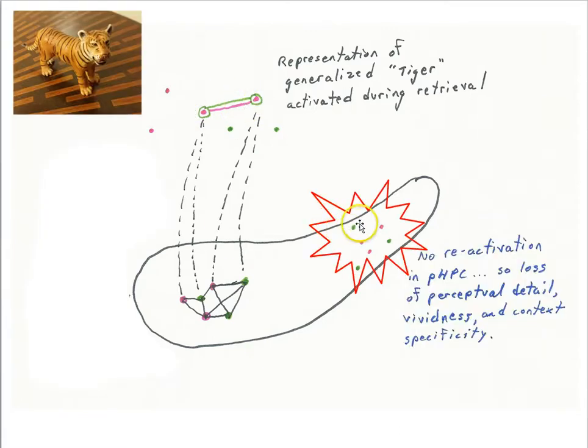And the way we could represent that now with this anterior-posterior distinction is that maybe when we're retrieving the schematized or semanticized memory for a tiger at the zoo, we're not activating the posterior hippocampal trace. So with no reactivation in the posterior hippocampus, we get a loss of the perceptual detail, the vividness, and the context specificity.